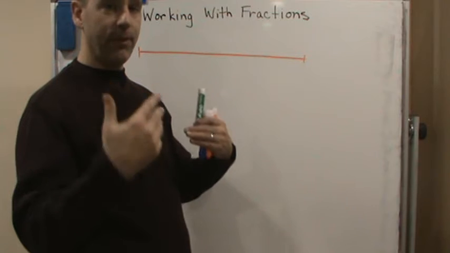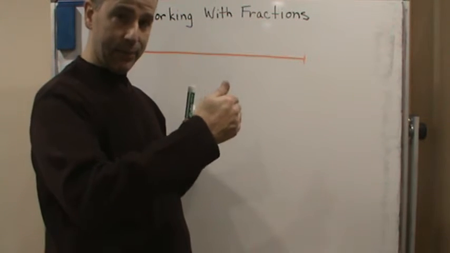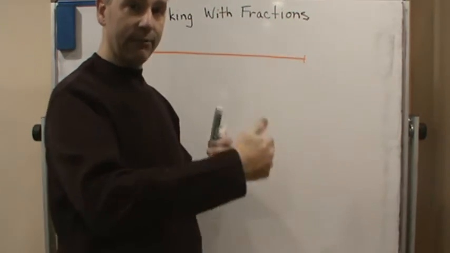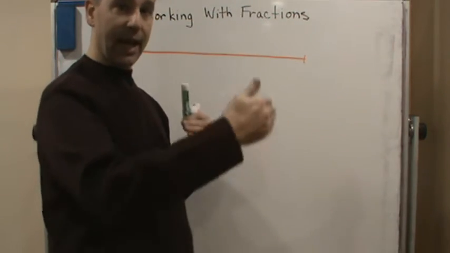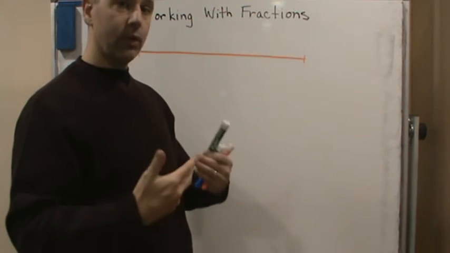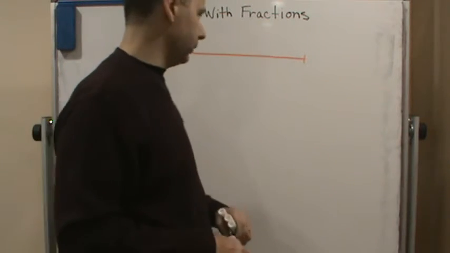Or if I talk about a fifth of a mile, I'm taking that mile and dividing it into 5 equal parts, and I'm taking one of those, right? 1/5. So that's also part of a fraction, okay?